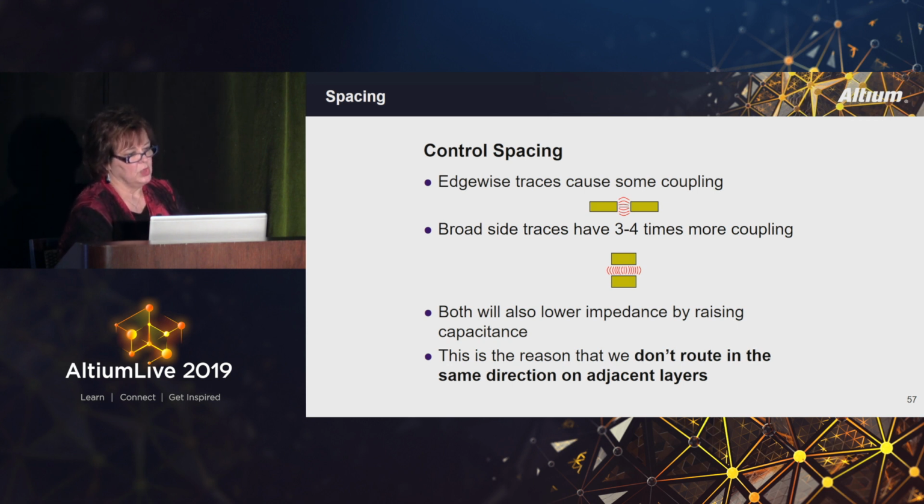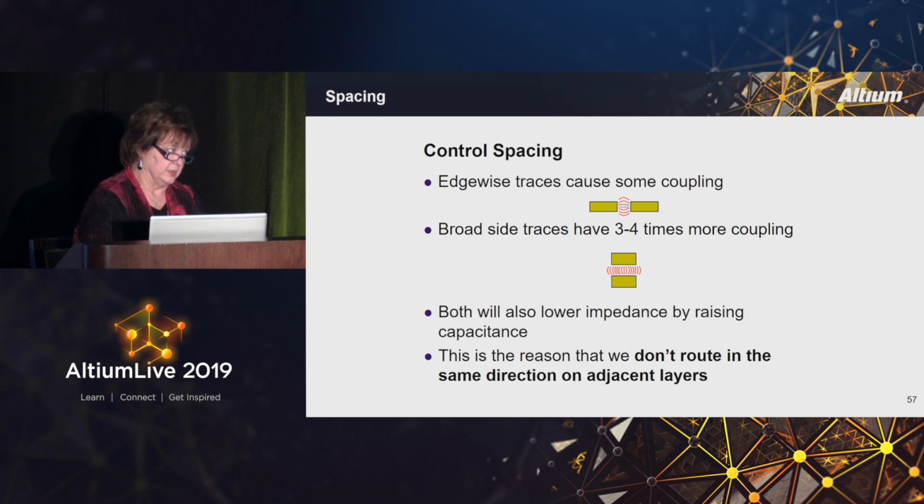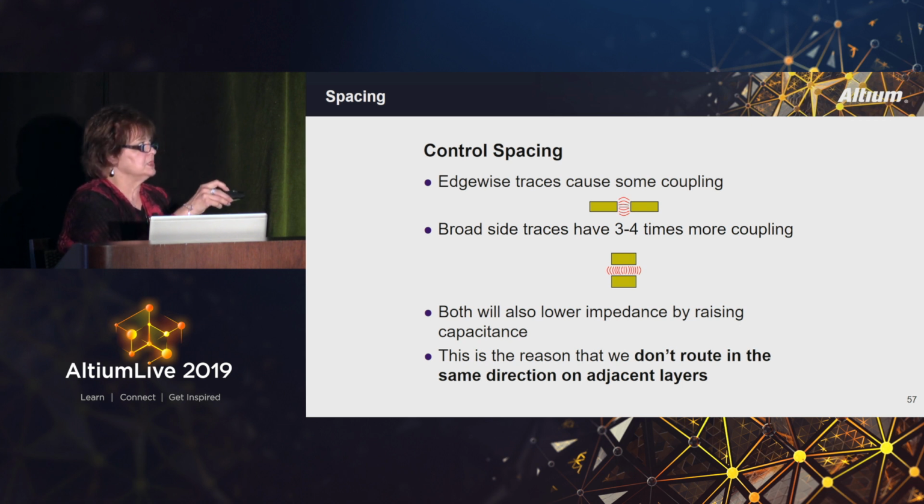Edgewise traces can cause some coupling. If you have traces next to each other on the same layer, they will couple mostly to the return layer, but they will couple a little bit to each other as well. If you have broadside coupling, which is two trace layers within the stack up next to each other, they can couple quite a bit to each other.